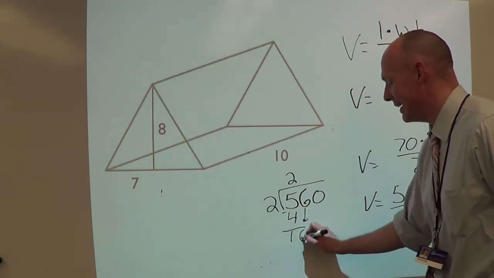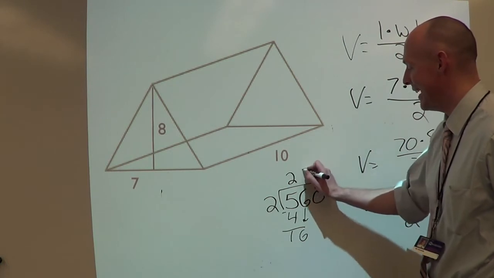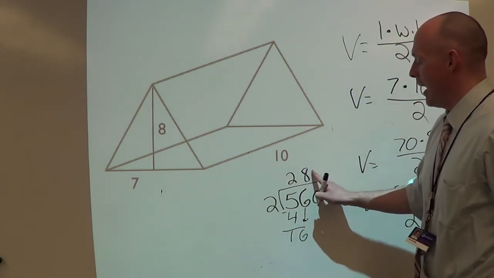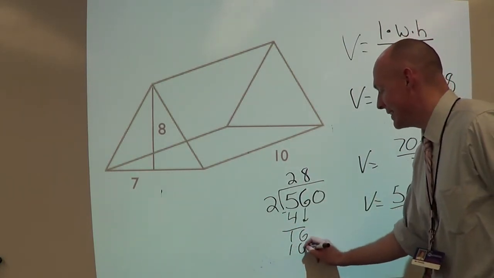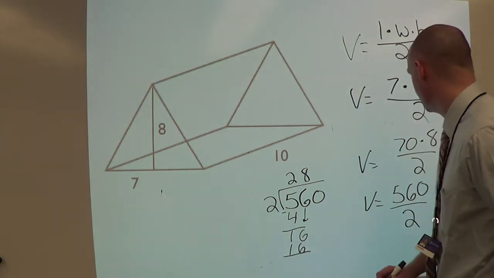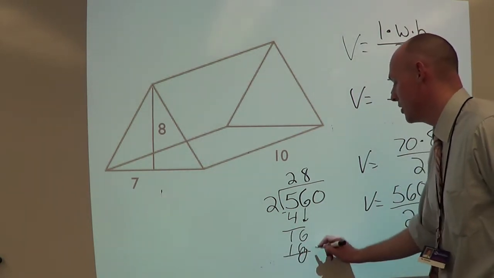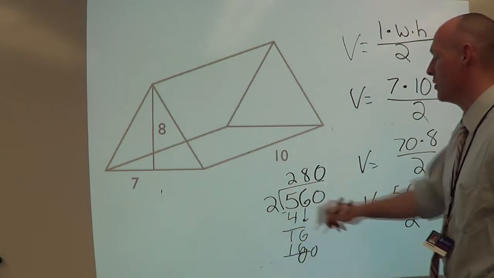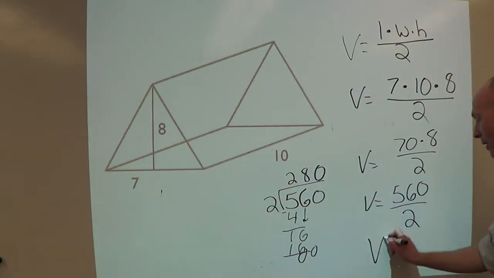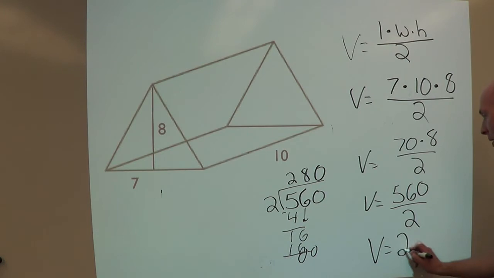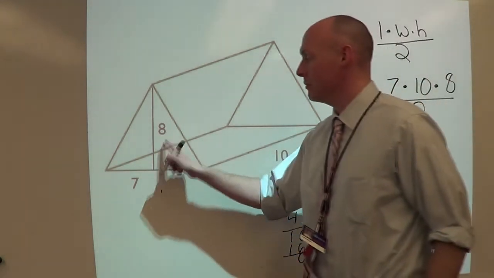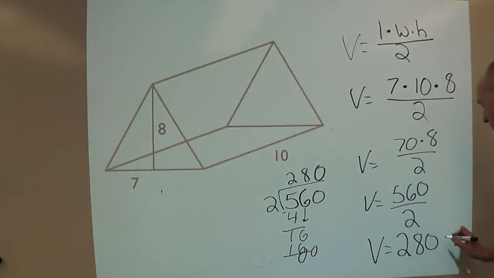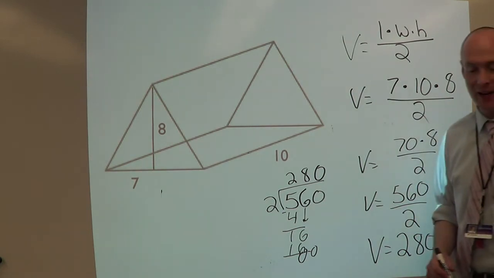Bring down that 6. 2 goes into 16 8 times. 8 times 2 is 16, which is awesome. 16 minus 16 is 0. Bring down that 0. So volume equals 280. Now, it doesn't have a measurement, so we're just going to call it cubic units. Units cubed. Perfect. Let's try another example.